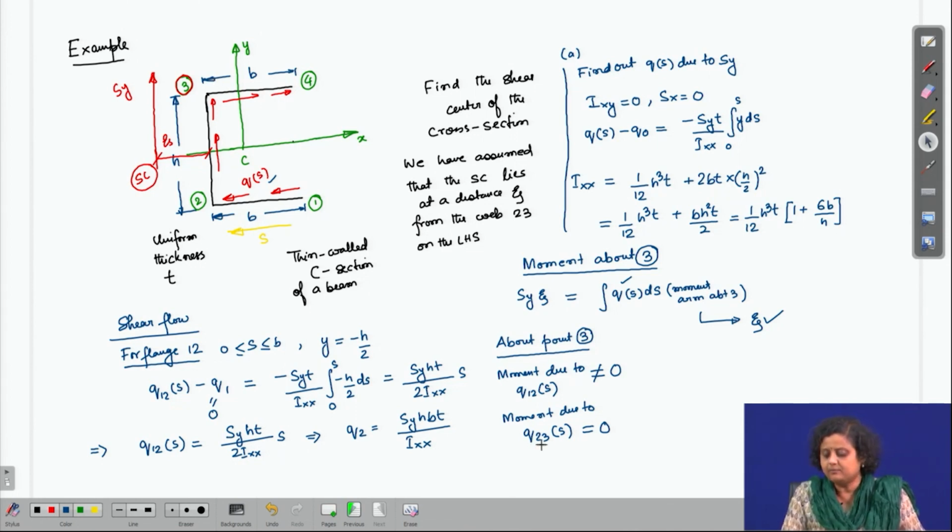So, therefore, the moment due to Q23S is going to be 0.